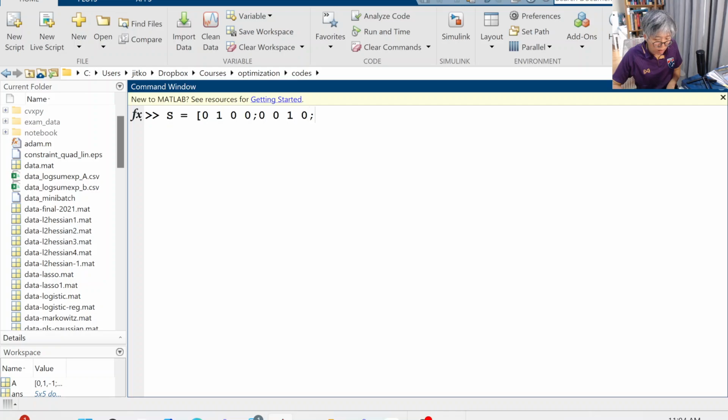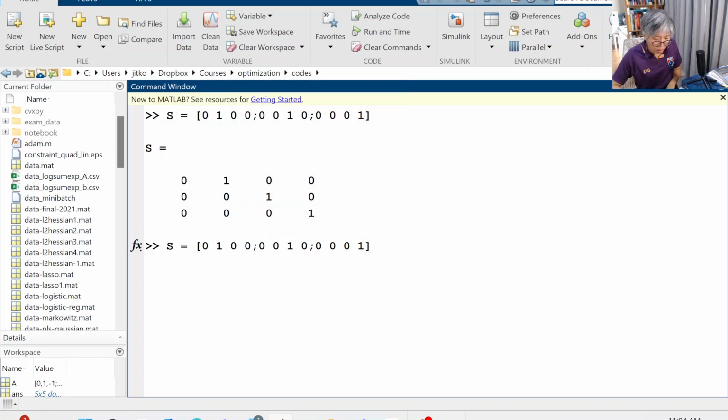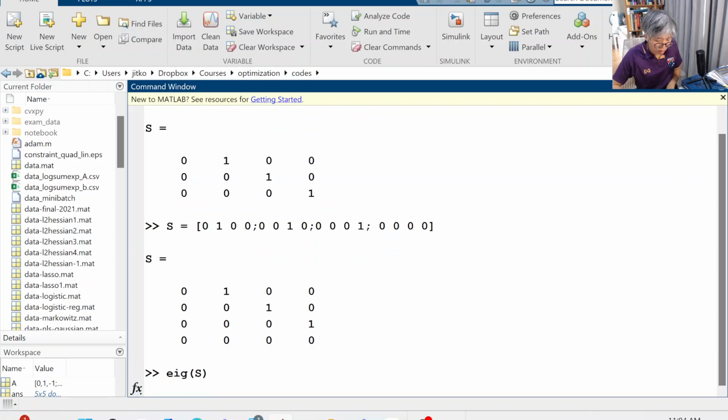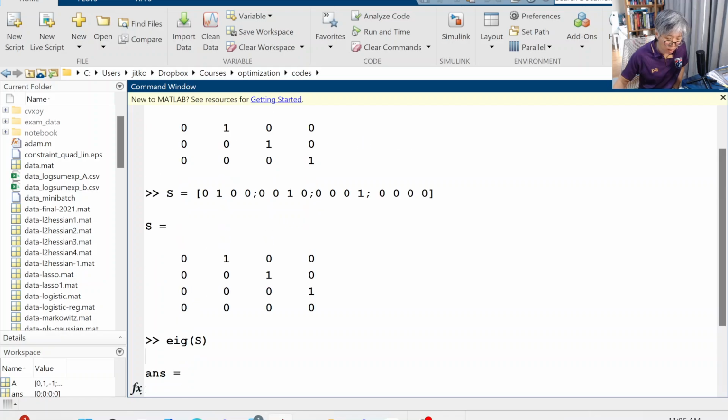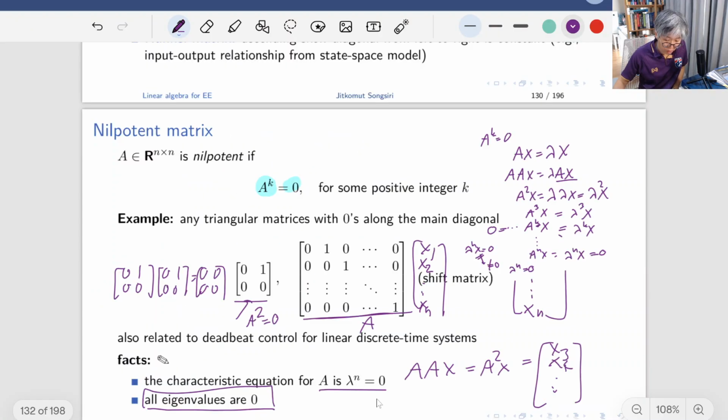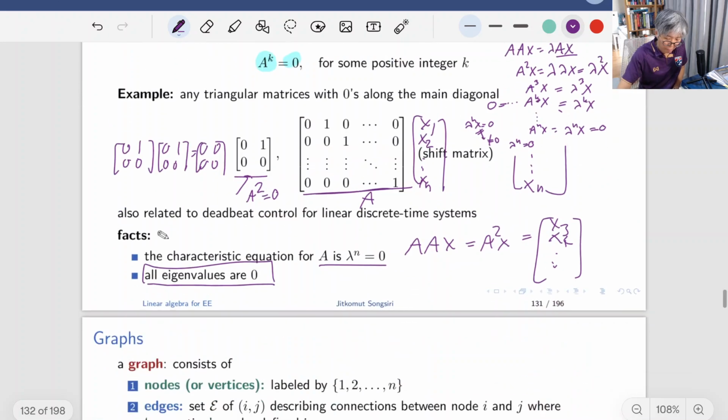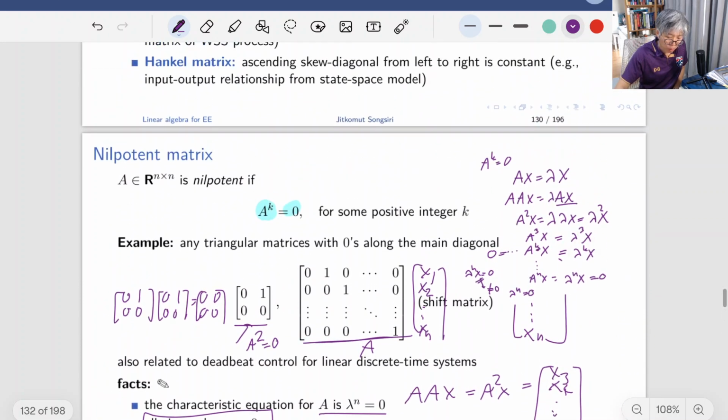Okay, so this is a shift matrix, where I shift the second one, shift the third one, and shift the last one. And you can see that the eigenvalues of S are all 0, because of the proof. So that would be all.